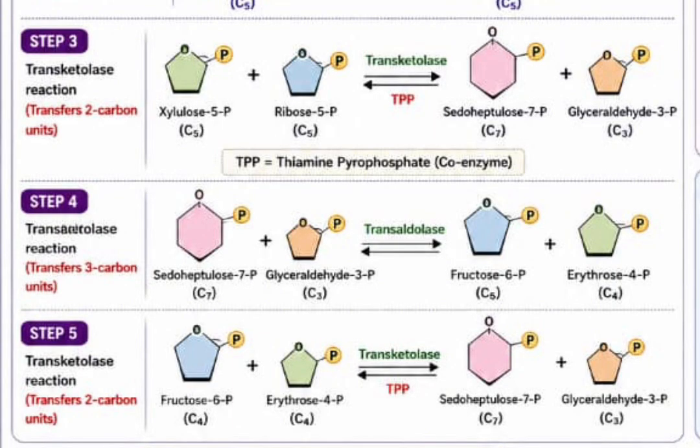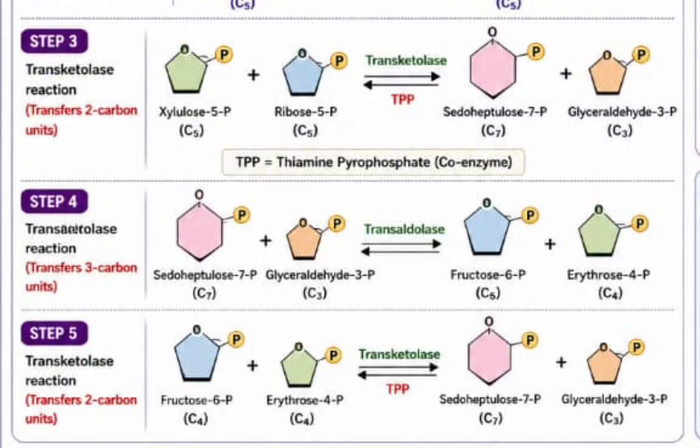If you use the enzyme transketolase, what will happen? You transfer a 2 carbon sugar unit. This is a transketolation reaction, in the presence of thiamine pyrophosphate, which is vitamin B1, as the coenzyme.